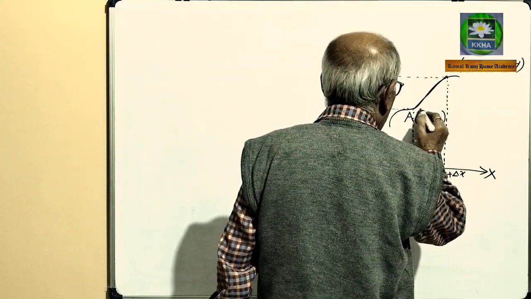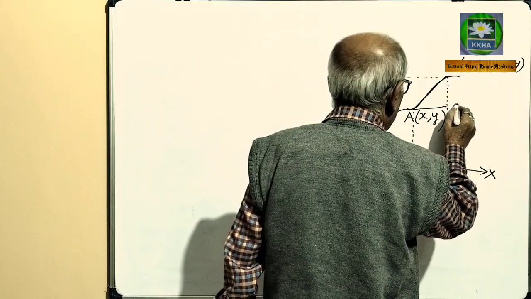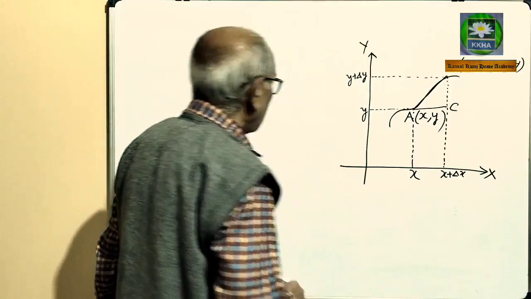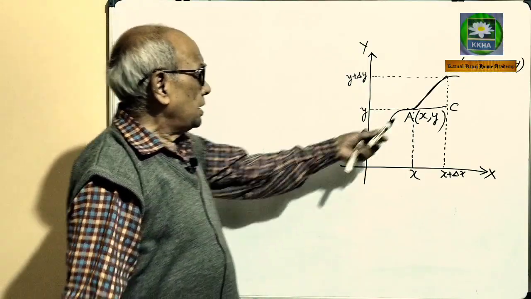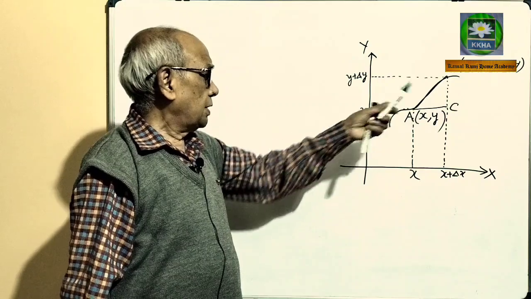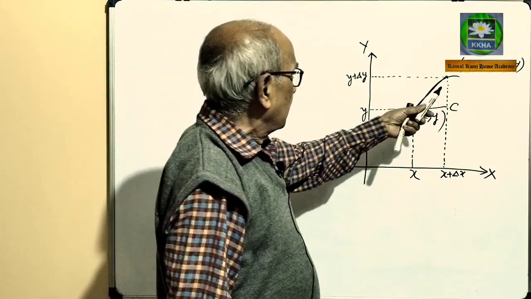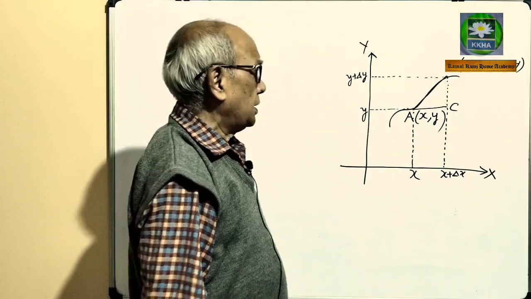We draw a line parallel to the x-axis from A, to C. Now, the position of the particle at time t is A, whose coordinates are x, y, and the position of the particle is at B after time t plus delta t.